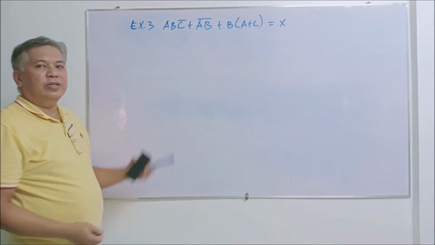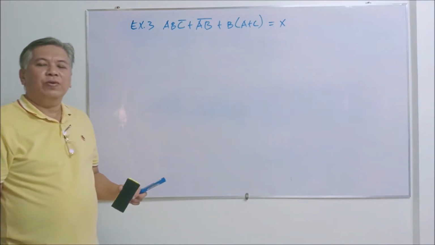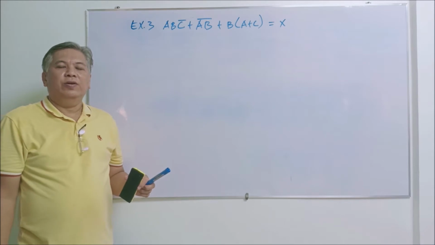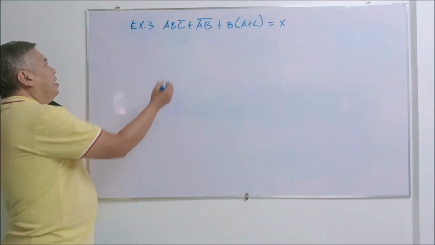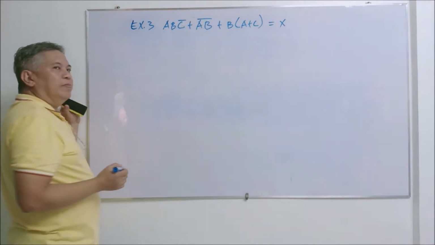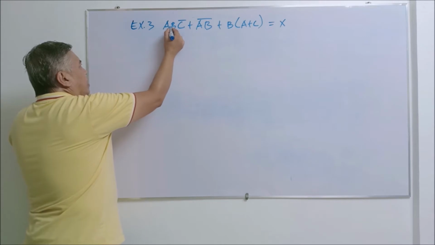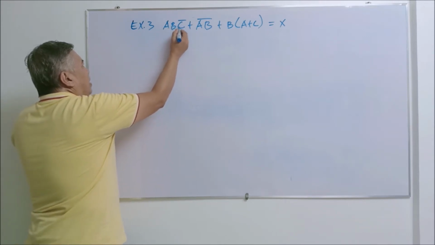We have here another example of a Boolean equation, and we want to represent this using a Boolean or logical circuit. So again, we have here A, B, C complement. This will be represented by an AND gate, A times B times C complement, or A and B and C complement.